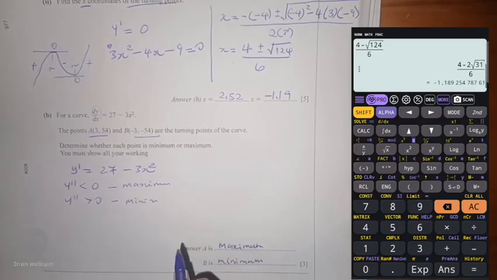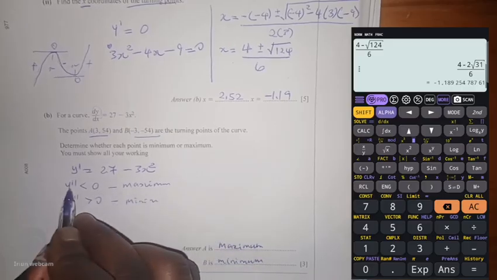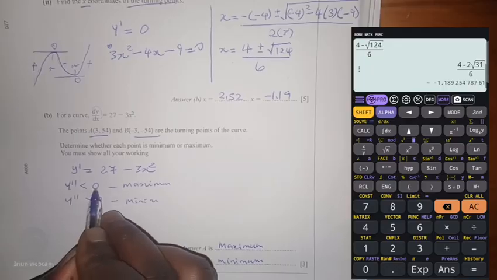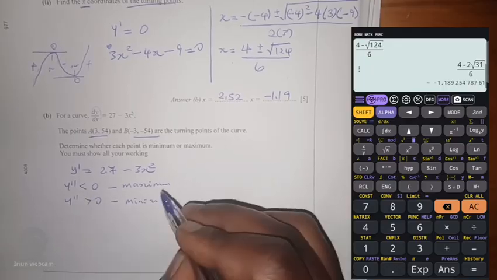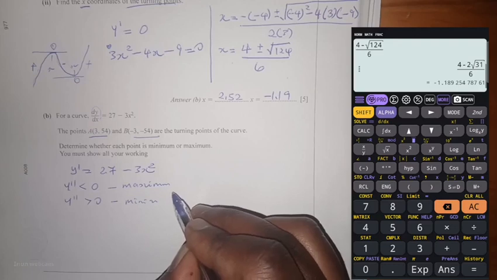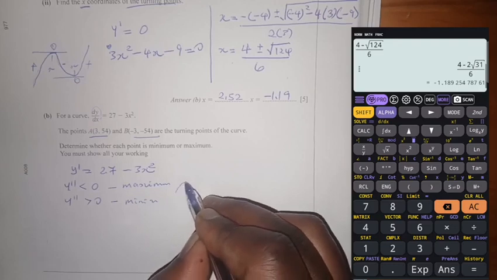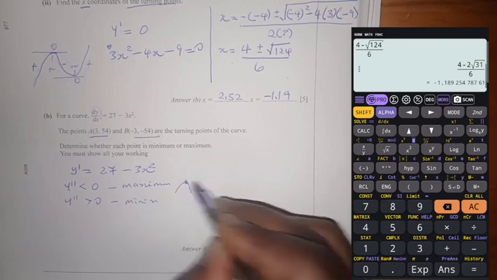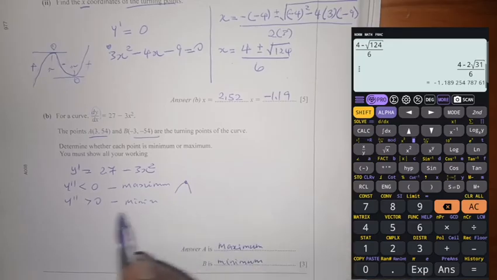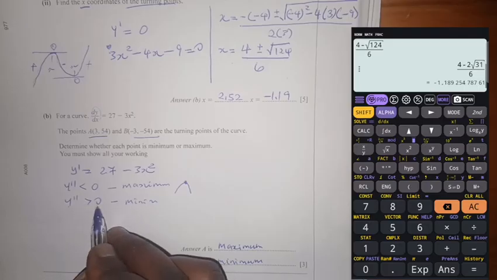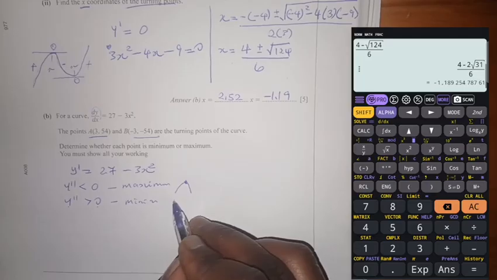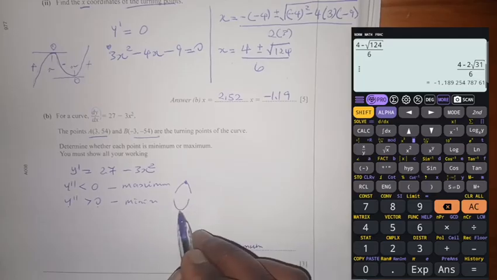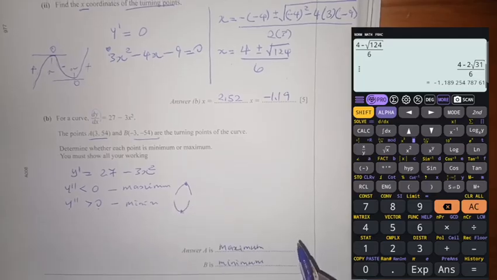Why is this happening? If the second derivative is negative, this is telling you that your graph is concaving down like that, so you will have a maximum point there. Same applies to when the second derivative is positive. You will have a graph that is concaving up, and you will have a minimum point there at the stationary point.